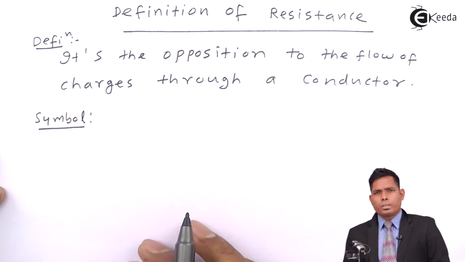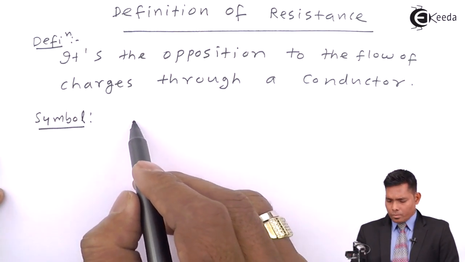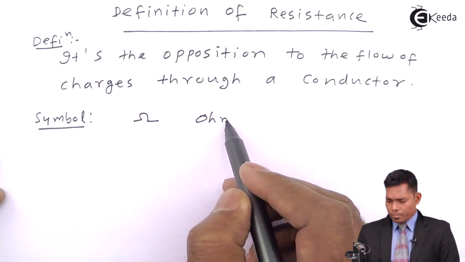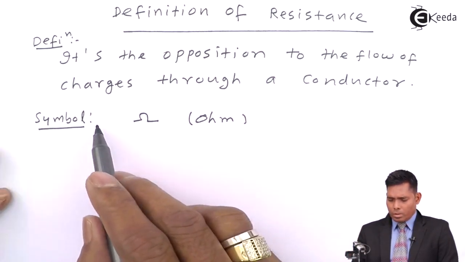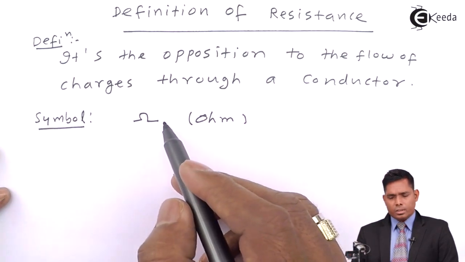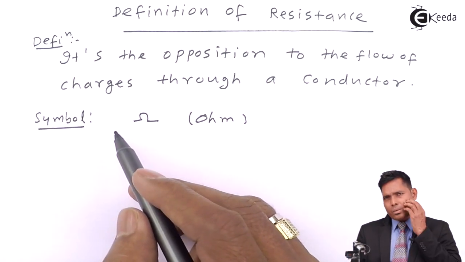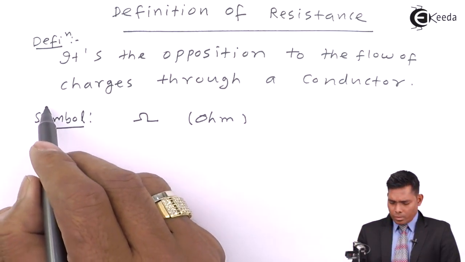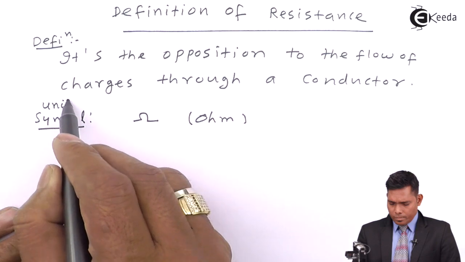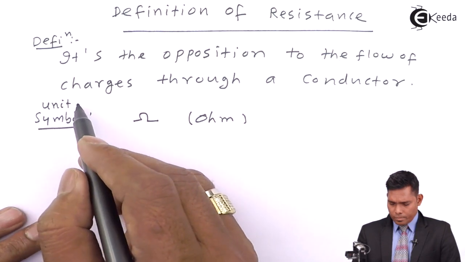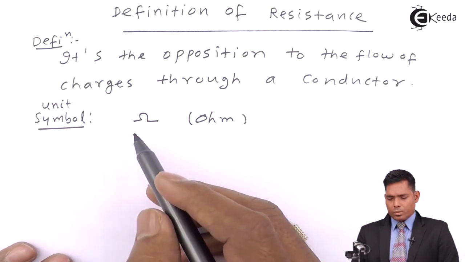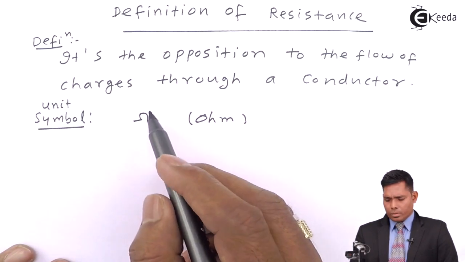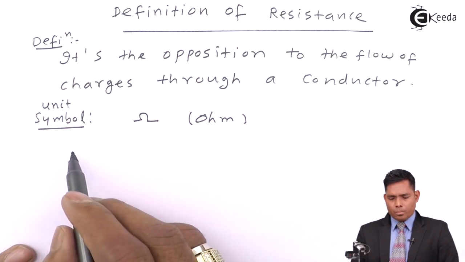What symbol are you using for this? This is written as ohm. This is the unit of resistance, and resistance you can denote in any letter you like. This is the symbol, the unit of resistance, ohm.